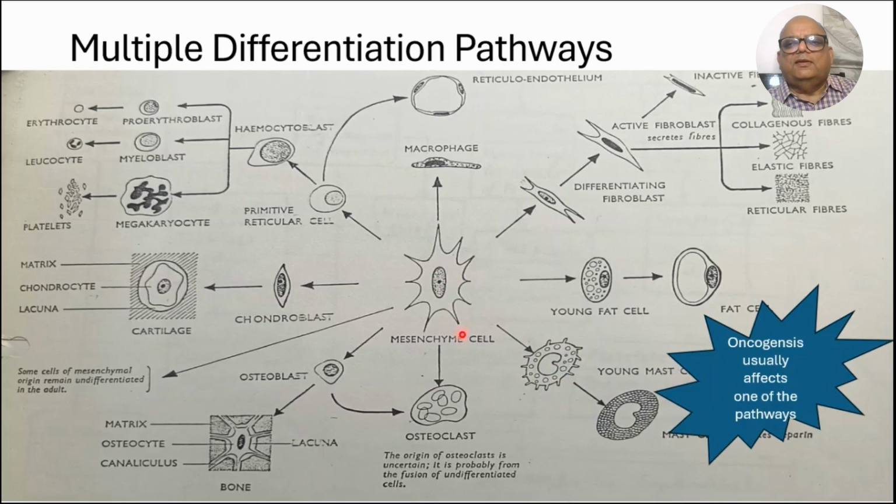Unless the egg cell itself has a corrupted code to start with, in which case everything can be affected. Otherwise, usually we see that either you have bone cancer or blood cancer or some specific cancer somewhere. So one of the pathways is affected somewhere on the way, and it is restricted to that particular pathway.